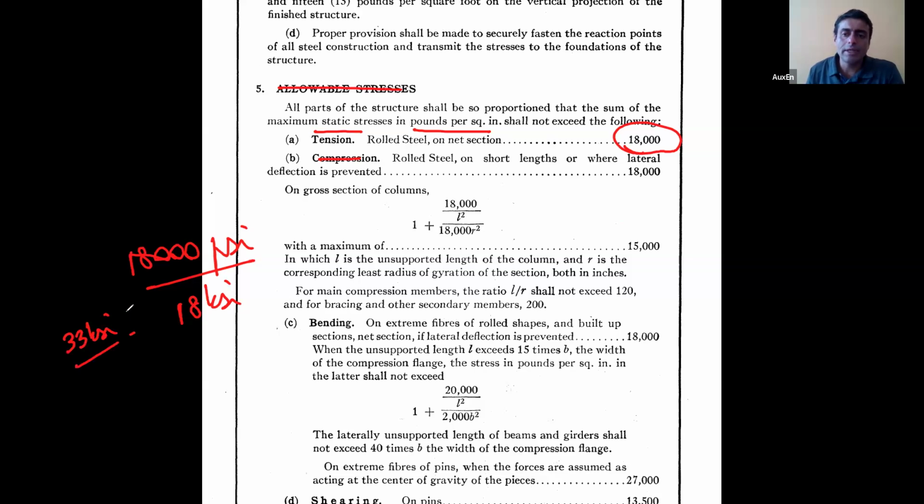So what is the allowable tension level in your cross section? 18 upon 33. So basically you are allowing around 0.54 Fy, correct? Allowable stress level in your cross section is 0.54 Fy. Yes or no?